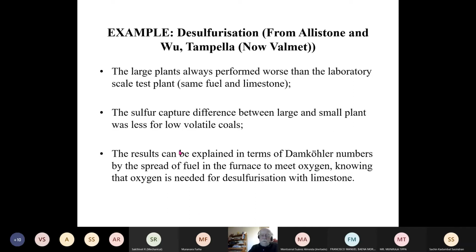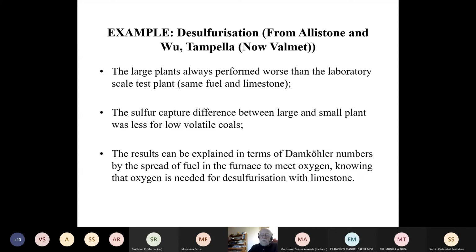I have another example, and this is taken from a company whose name was Tampella. Now it is Valmet. It was in the United States, actually. They built boilers for coal combustion.